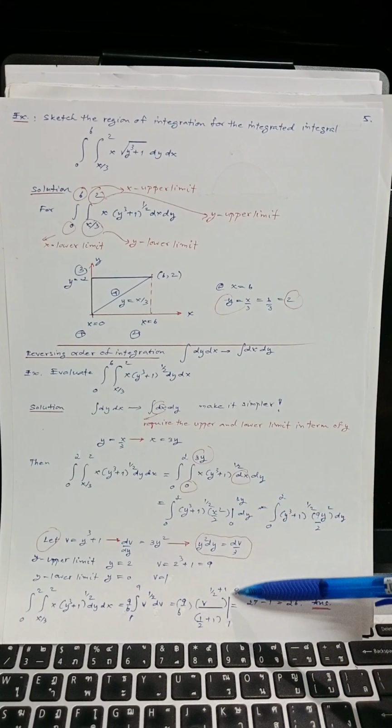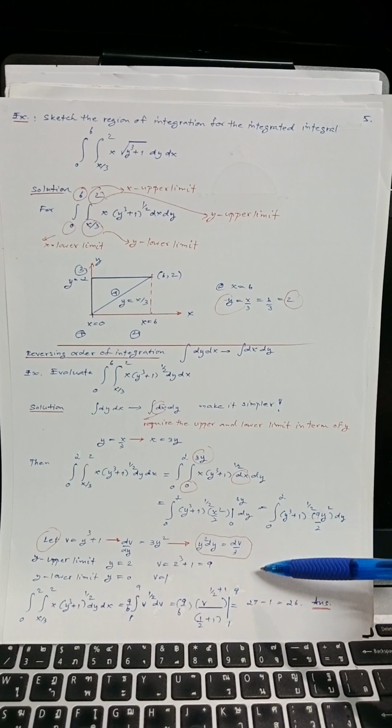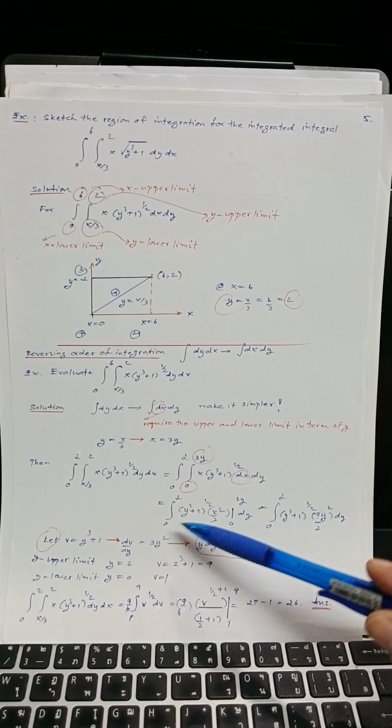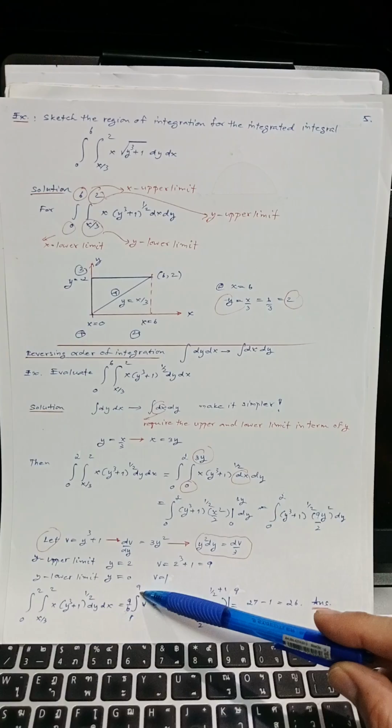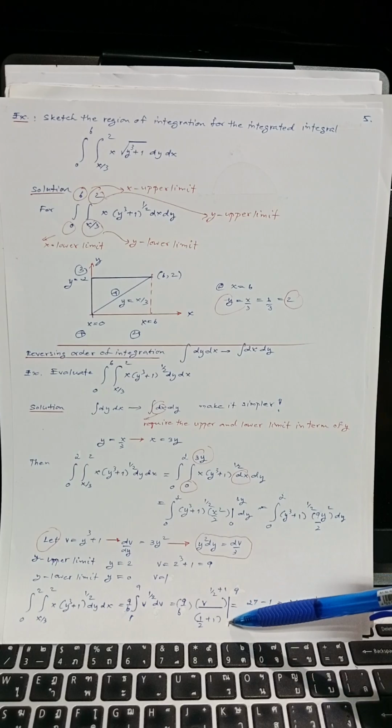And then you can work this out. Just put the upper limit and then the lower limit. For the upper limit, v equals 9. So 9 to the power of 3 over 2, that gives you 27.